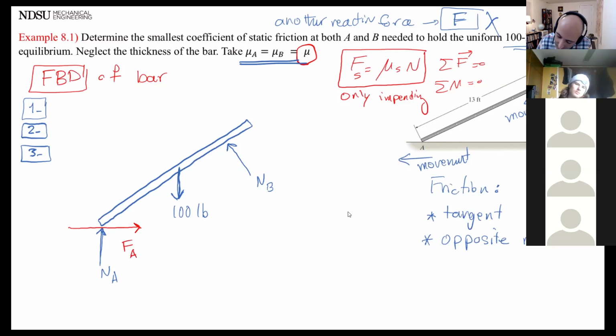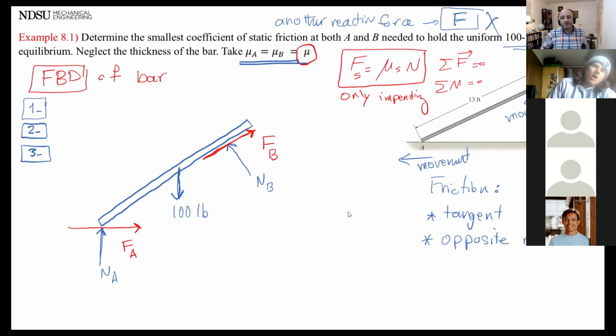At point B, it's going to be tangent. If this is my normal, then the tangent is this way. And then I'm going to look and see the arrow is coming kind of down. So the friction is going to be opposite and going up. Okay?